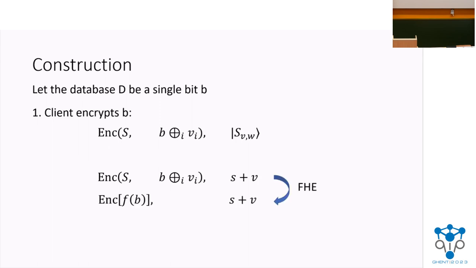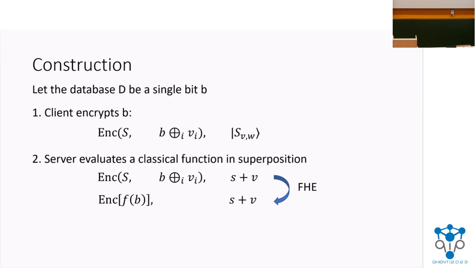And it turns out that using FHE, you can map this string to another string that encrypts f of b. Now, in reality, the server does not measure the original ciphertext in the computational basis. But what they do is they'll apply this classical function we described in superposition to the ciphertext.